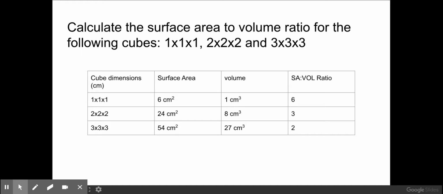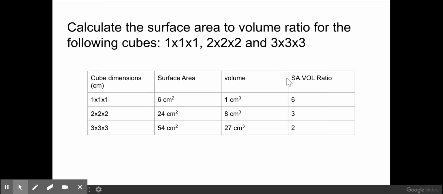To do surface area, you would do height times width, which gives you the surface area of one side, and then multiply that by 6 because you have 6 sides. The volume is length times width times height. Notice that this is centimeters squared and this is centimeters cubed.